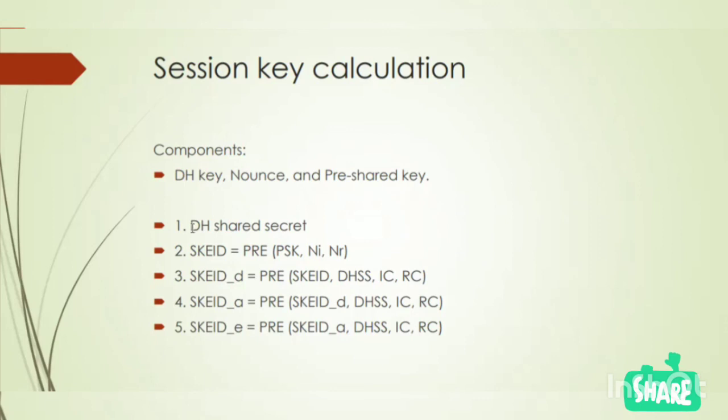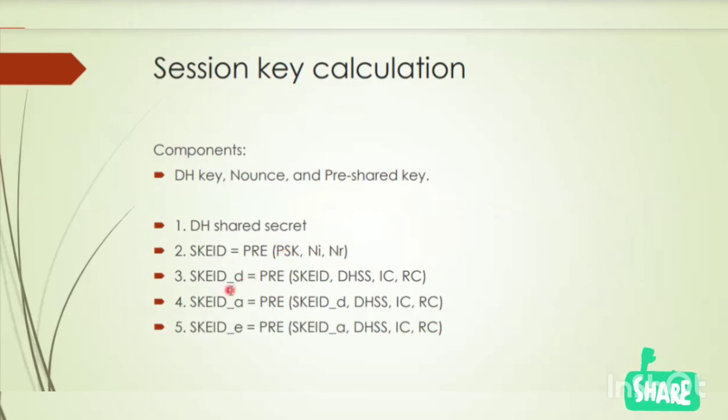Now, the second key is the session key. The components needed for calculating the session key are the pre-shared key, initiator nonce, and responder nonce. So by using these components, we calculate the session key.